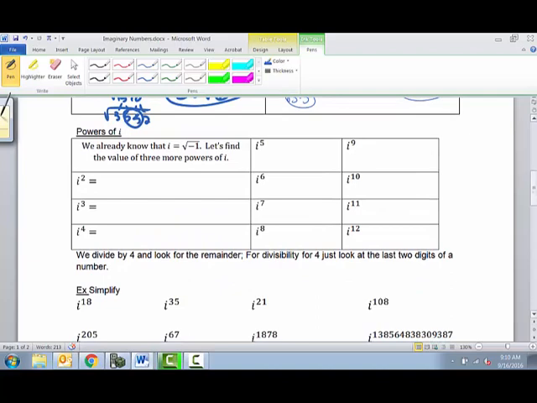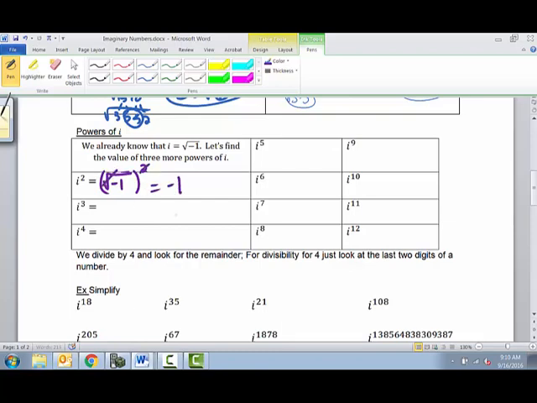Now we already know that i is the square root of negative 1. So let's look at some other things. So i squared is going to be, well, remember i is that square root. Well, what happens when you square a square root? They cancel out.